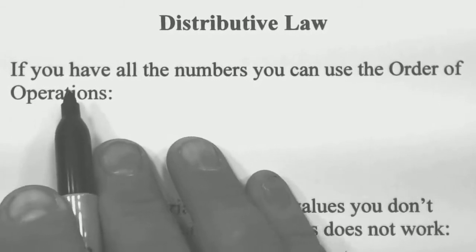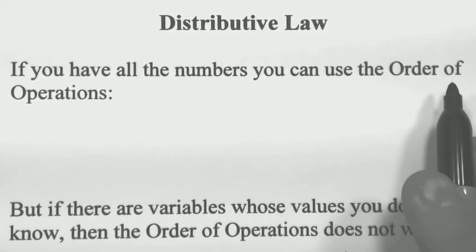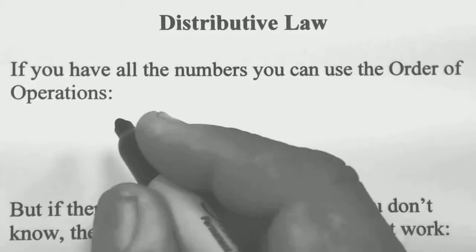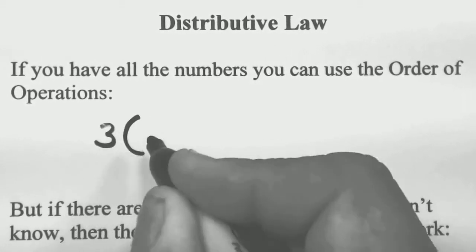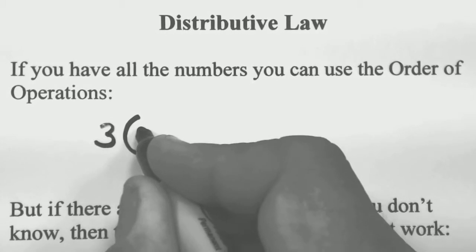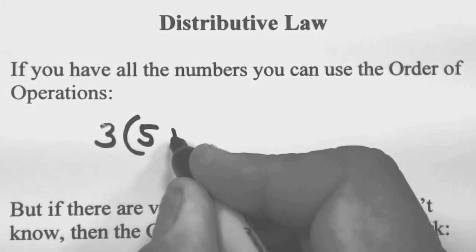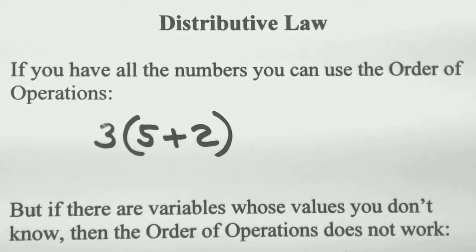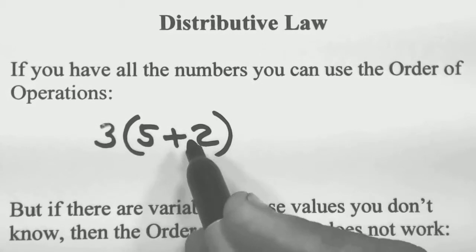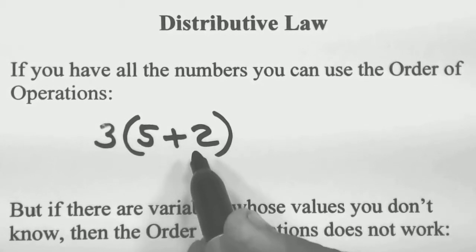First off, let's point out to you that if you have all the numbers, you can use the order of operations. So if you have something like this, a 3 in front of a parens, and inside a 5 plus 2, and you don't have any variables, then, of course, applying the order of operations says do what's in the parens first.